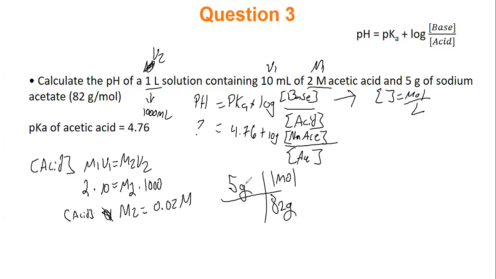If you have a unit at the top and the same unit at the bottom, those units cancel out. I'm left in units of moles. Multiply everything on the top together, divided by what's on the bottom. So this will be 5 divided by 82. And in my solution, I have 0.0610 moles of sodium acetate. So this is my base.